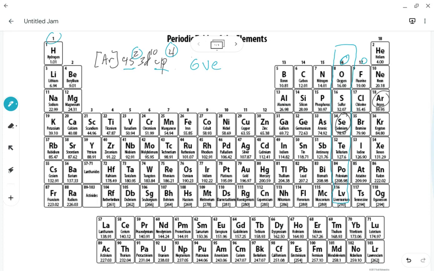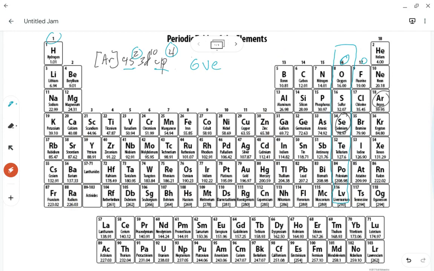Now, some exceptions arise when you get into the d's and the f's. When you're in the d and the f region of the periodic table, in this area or down here, all of those elements, we don't use this rule, because when I say main group elements, I'm referring to the s and p region over here.